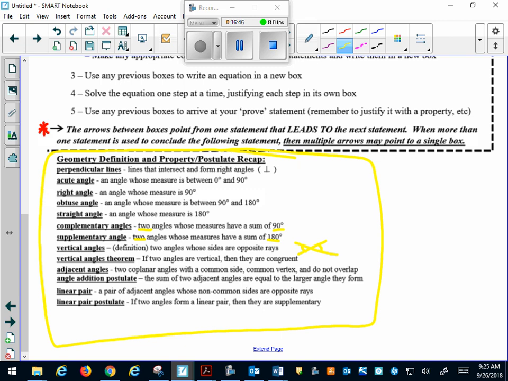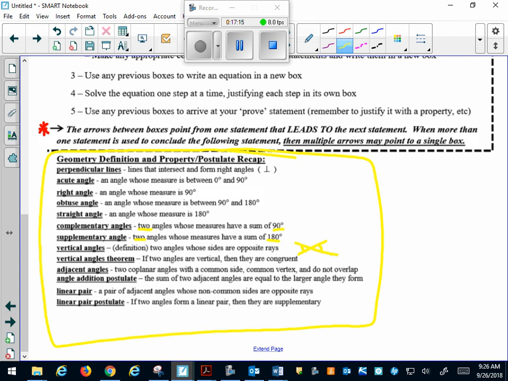Adjacent angles you talked about and you learned for your last test, right? Right next to each other, common side, common vertex, don't overlap. The angle addition postulate is with adjacent angles, one little angle plus the other angle right next to it equals the whole angle. A linear pair is a pair of angles, two angles that sit on a line basically. And then the linear pair postulate says that if they do form a linear pair, then they're supplementary.